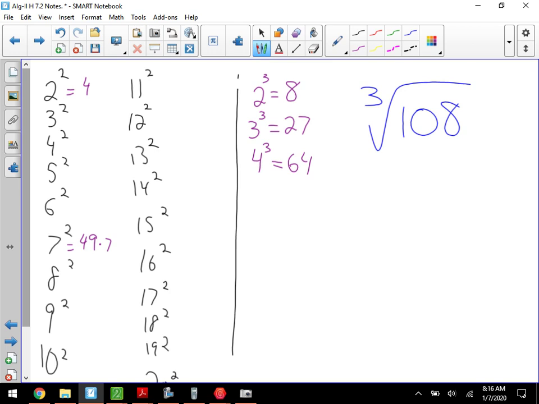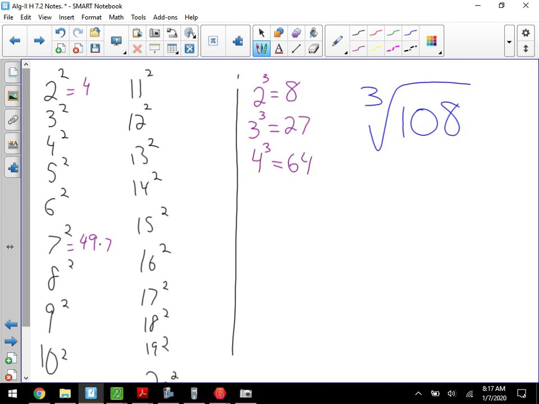So, again, as you start looking through, we're trying to figure out if there is a way that we could get something to work. If you look at breaking it apart, 108, what happens if you cut it in half? 54 is pretty close to double of what? 27, isn't it?